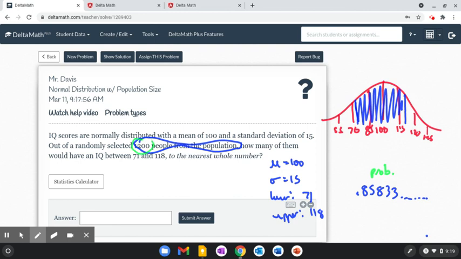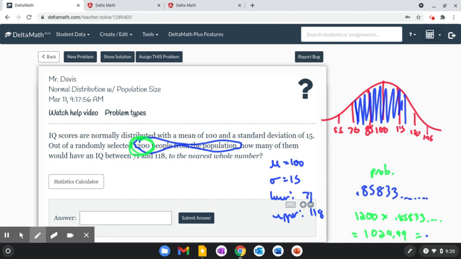Now, if we have 1,200 people, all we're going to do is take 1,200 times this probability, 0.85833. The advantage of using your TI-84 calculator is you've already got that big decimal loaded in there, and all you do is hit the times button and then 1,200, and it'll take that previous answer times 1,200, and then you'll get 1029.99. We're supposed to round this to the nearest whole number because we're talking about people.